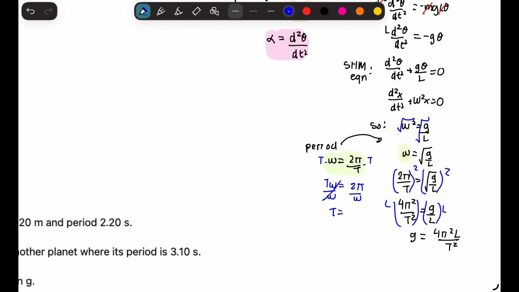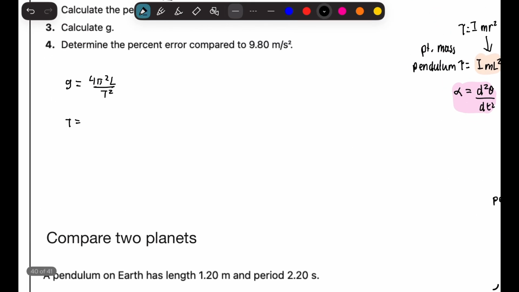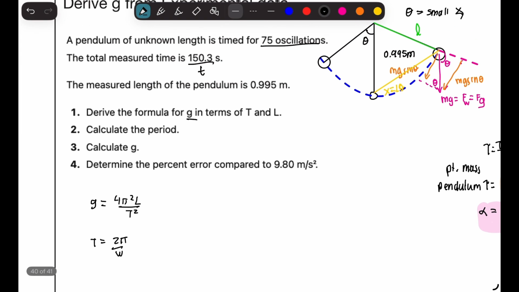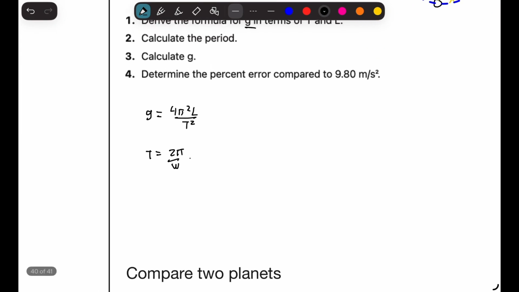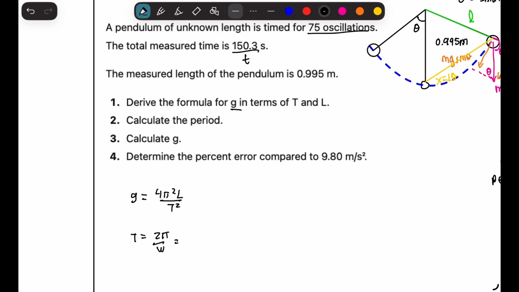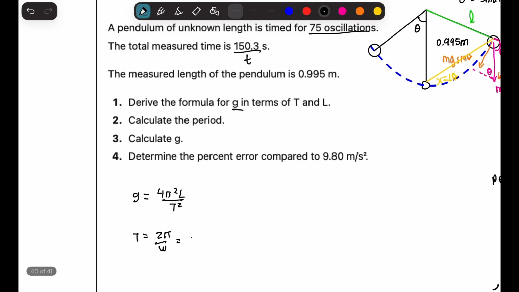You would have T is equal to 2 pi over omega. So here our 2 pi over omega could be used. And what do we have? We aren't given our omega, but we are given our 150.3 and our 75 oscillations, so we can use that definition as well. So we're going to use our time in seconds over our oscillations.